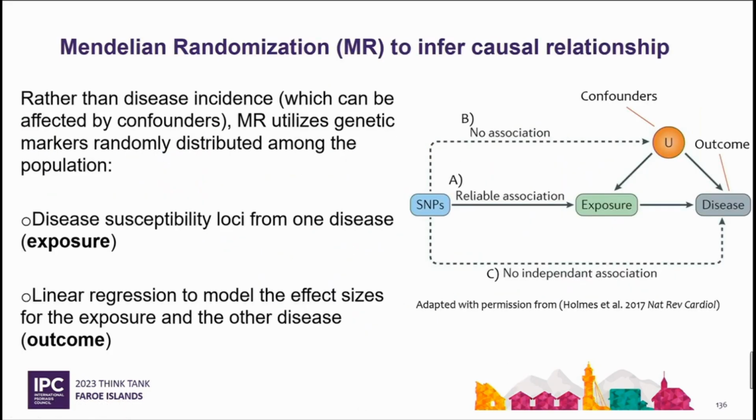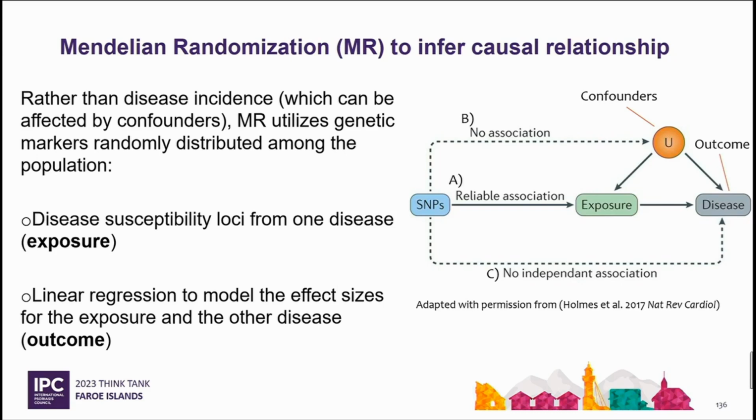Okay. All right. So first, a brief introduction about Mendelian randomization. This is a statistical genetic technique that we use. The idea is that when using disease incidence, it could be confounded by different confounding factors when inferring the causal relationship.